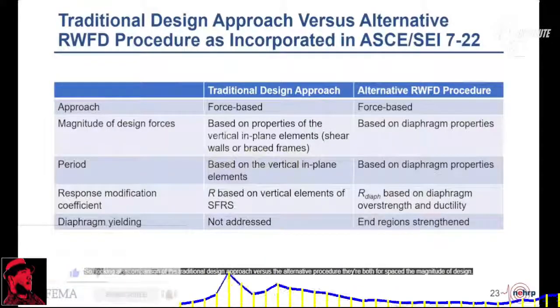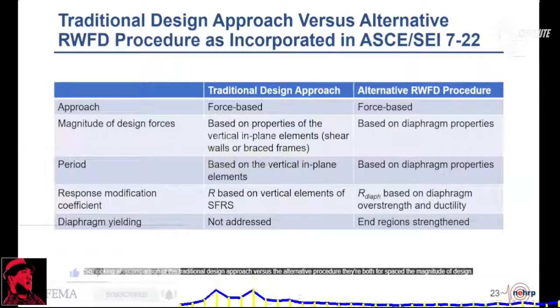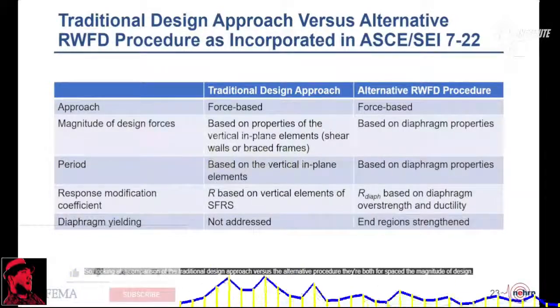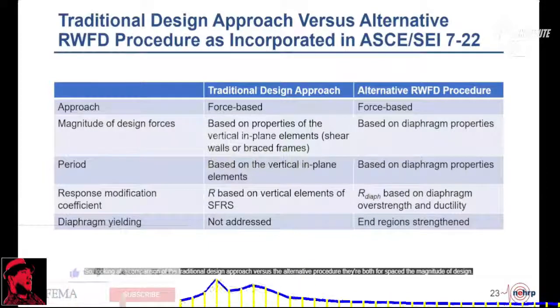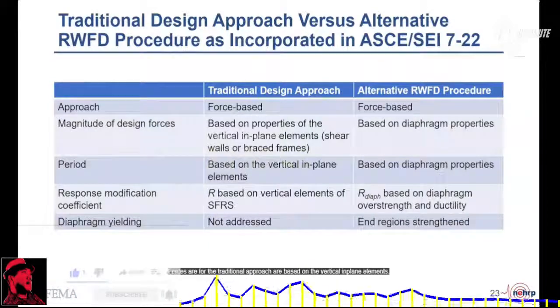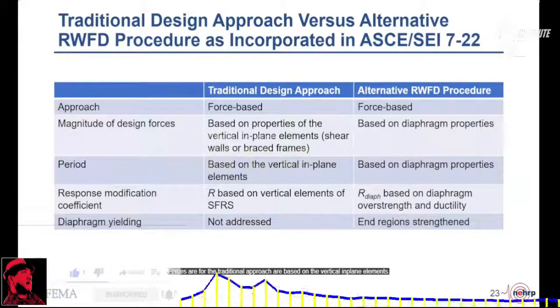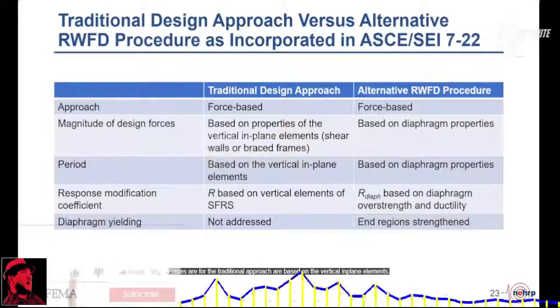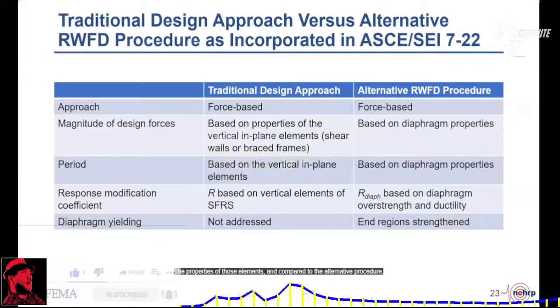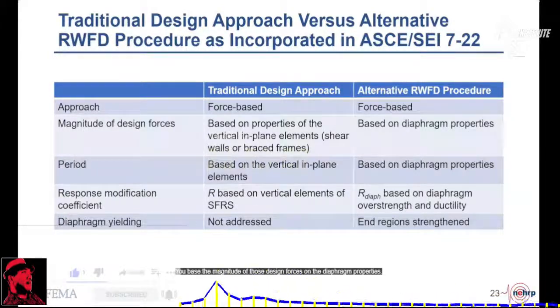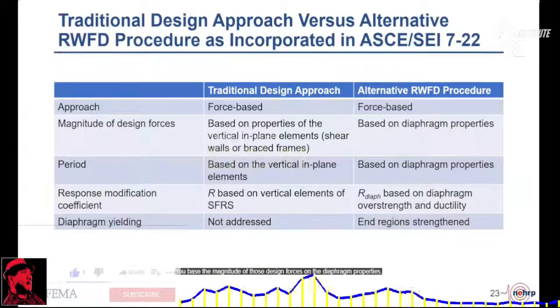So looking at a comparison of the traditional design approach versus the alternative procedure, they're both force-based. The magnitude of design forces for the traditional approach is based on the vertical in-plane elements, the properties of those elements, compared to the alternative procedure, where you base the magnitude of those design forces on the diaphragm properties.